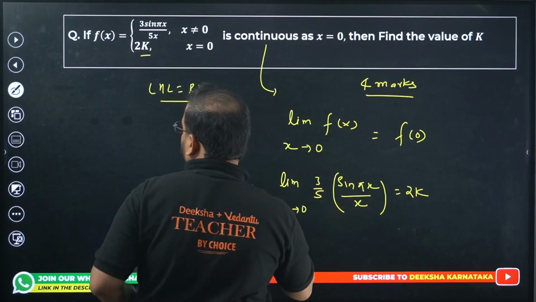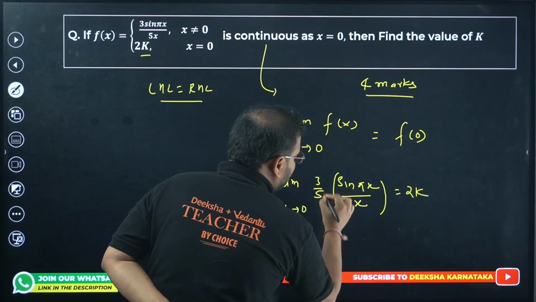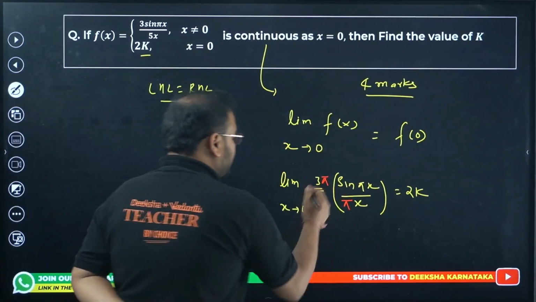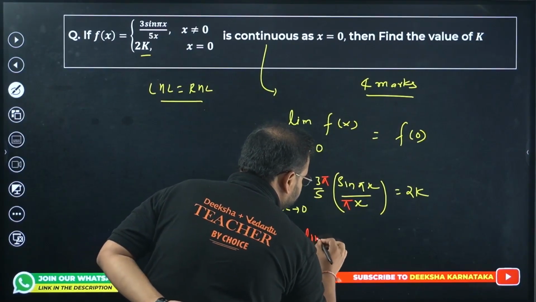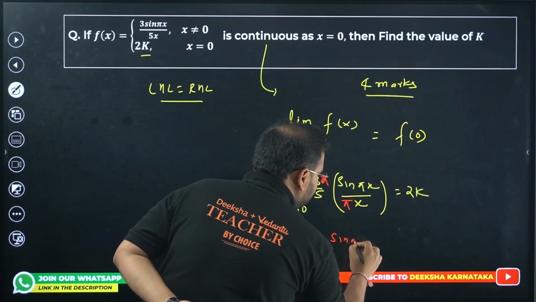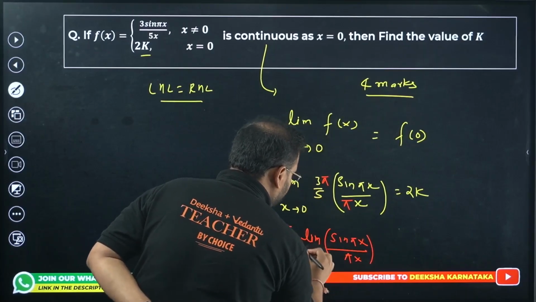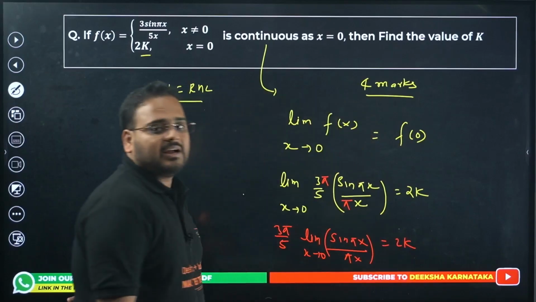Of course, by multiplying by pi, and since you are doing something extra, you have to divide by pi as well. Now the constant 3/5 comes out, and the limit of sine pi x upon pi x when x tends to 0 equals 2k for the continuous function.